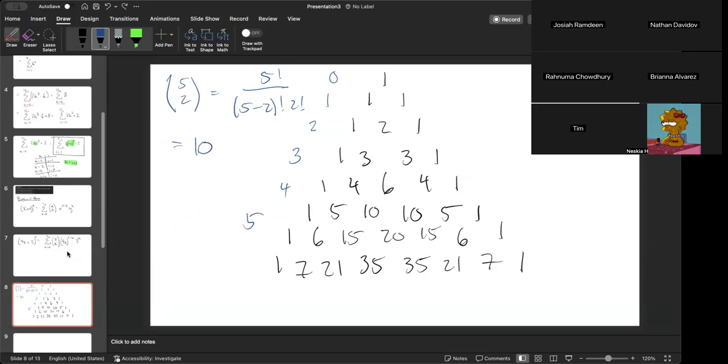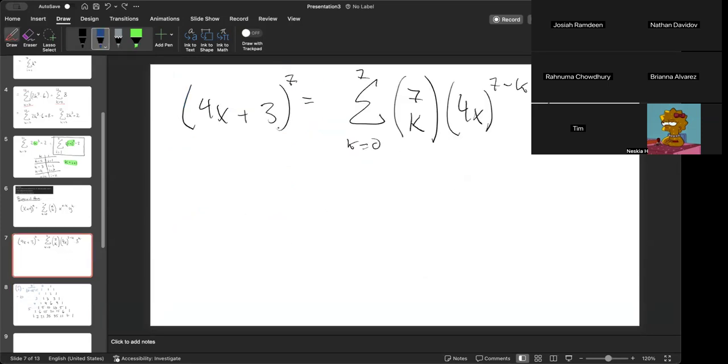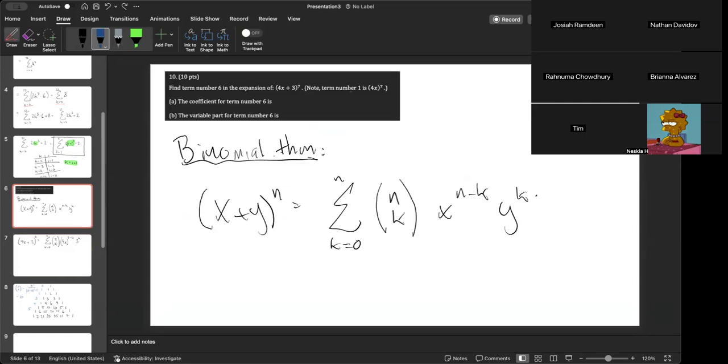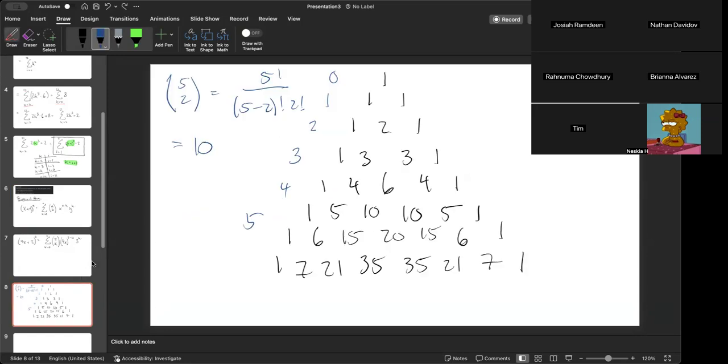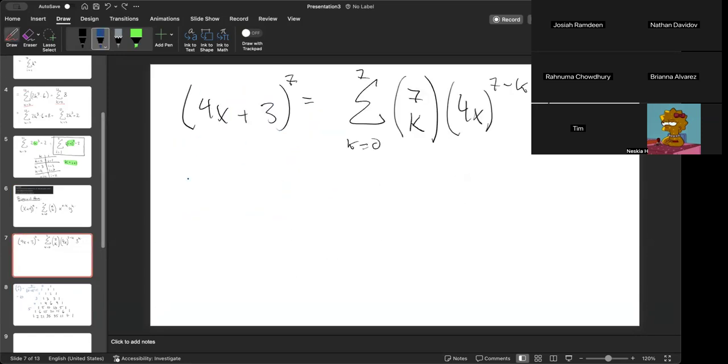All right, since it says that I want the 6th element, the 6th element is going to be when k is equal to 5. Why? Because the first element is when k equals 0, since I'm starting at 0. The second element will be when k is equal to 1.